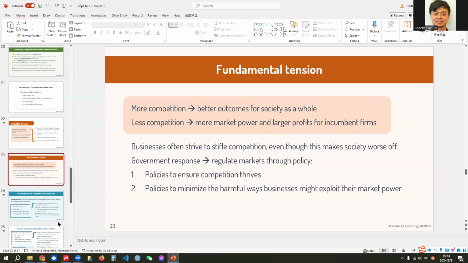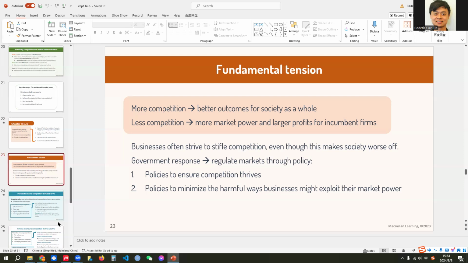And business often strives to stifle competition, even though this makes society worse off. The attempt of business to get rid of competition makes the society worse off. That's what it means. So the response of the government is to regulate the market through policy.